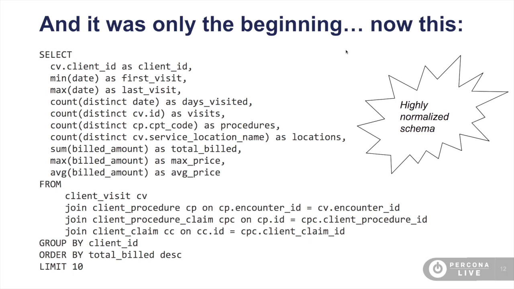But to join the procedure to the bill, we need another table because it's a many-to-many relationship. One medical procedure can have multiple bills associated with it, and one bill can also be associated with multiple medical procedures. So that's why we have 4 tables here.